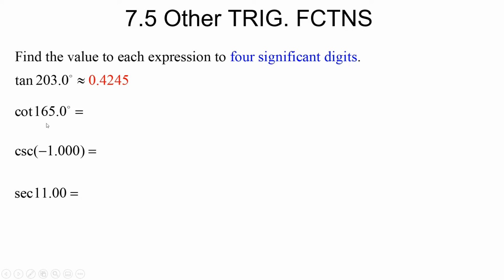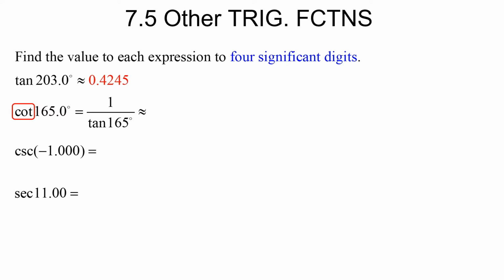Now cotangent of 165 degrees. This is why we need our reciprocal relationships, because if you look at your calculator, there is not a cotangent button. But everybody knows that cotangent is 1 over tangent. So cotangent of 165 degrees would be 1 over tangent of 165 degrees. And now we can punch that out directly the way we see it and round to 4 sig digs.